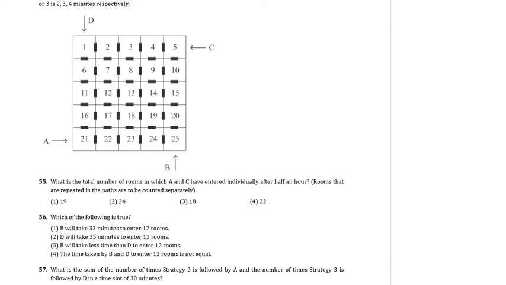Which of the following is true? B will take 33 minutes to do this, D will take 35 minutes and so on. So when you map the entire path for each of these boys, you will be able to answer all 4 questions. This is again a question which would have taken time. It might have taken some 15-17 minutes, but had you done it meticulously, you would have definitely got your answer.